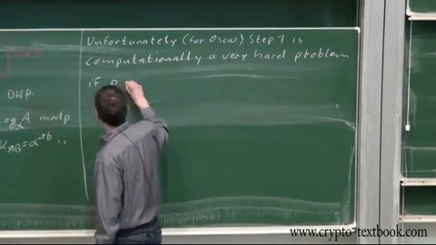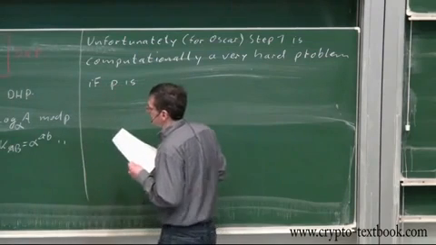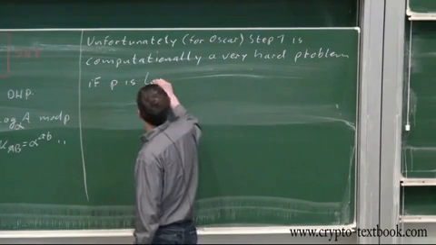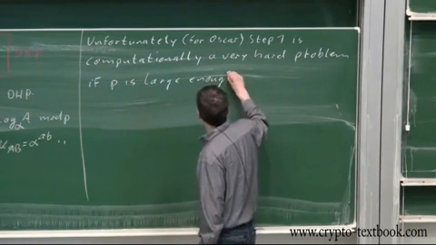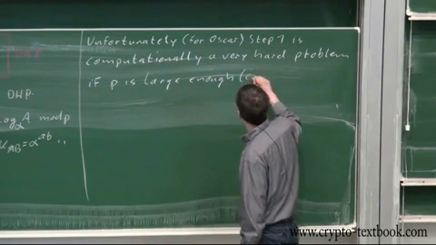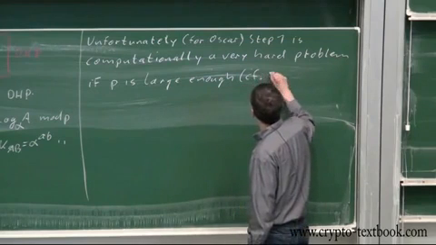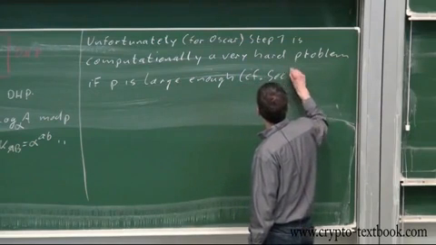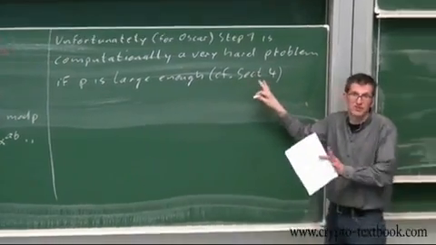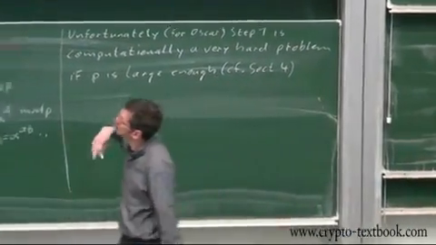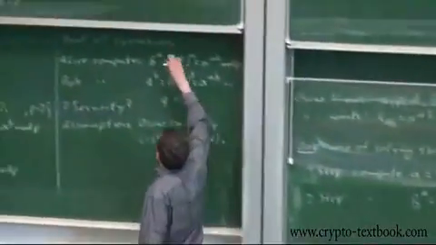if p is large enough, compared to section 4, chapter 4 of today, with our laundry list for today.